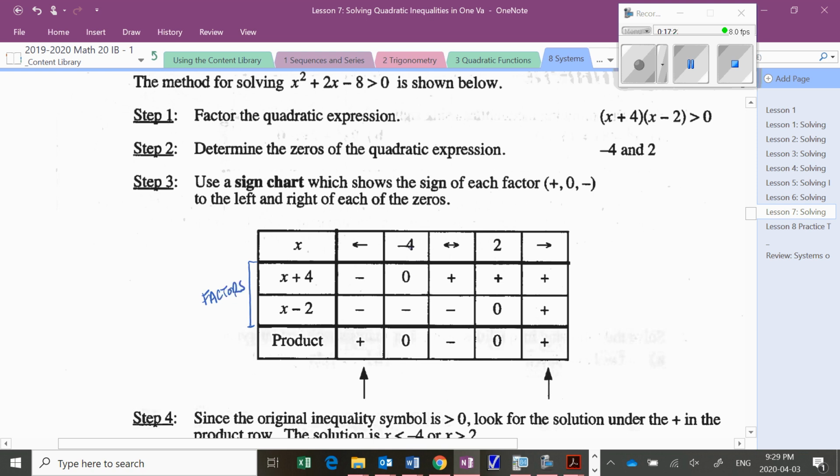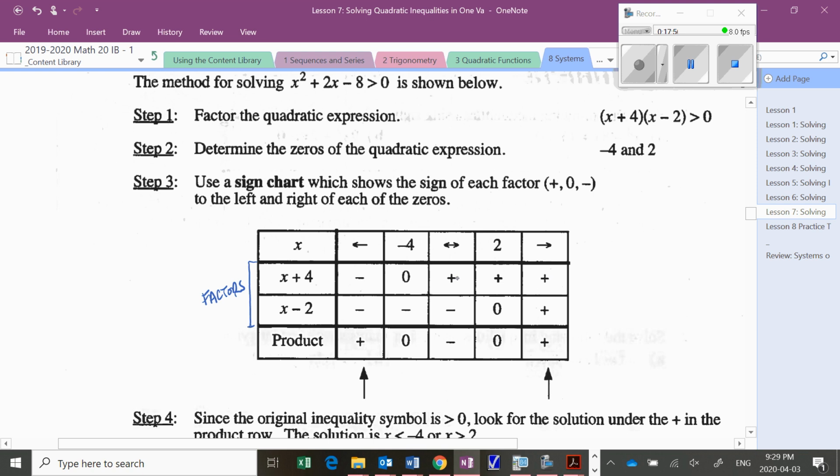When I substitute negative 4 into x minus 2, that ends up being negative 6, but I don't need to write negative 6. I can just write the fact that it is negative. Any value that I'm substituting that is less than negative 4 is going to be negative for x plus 4. Any value that is greater than negative 4 is going to be positive.